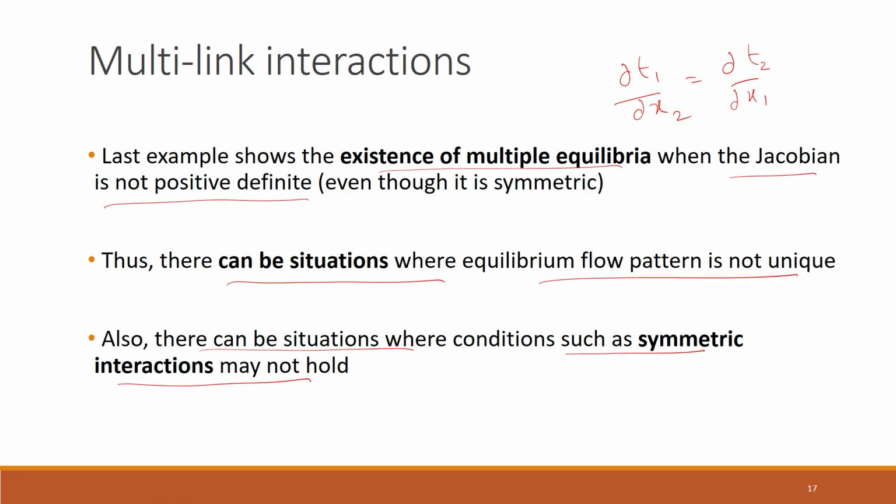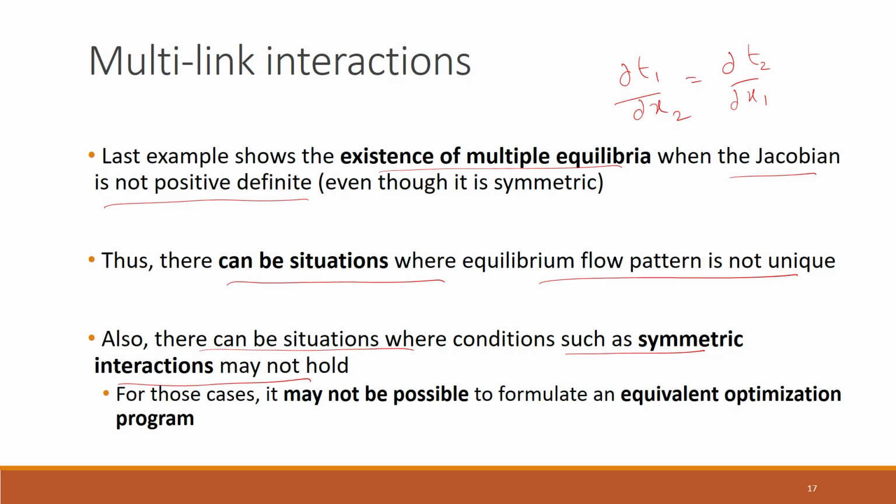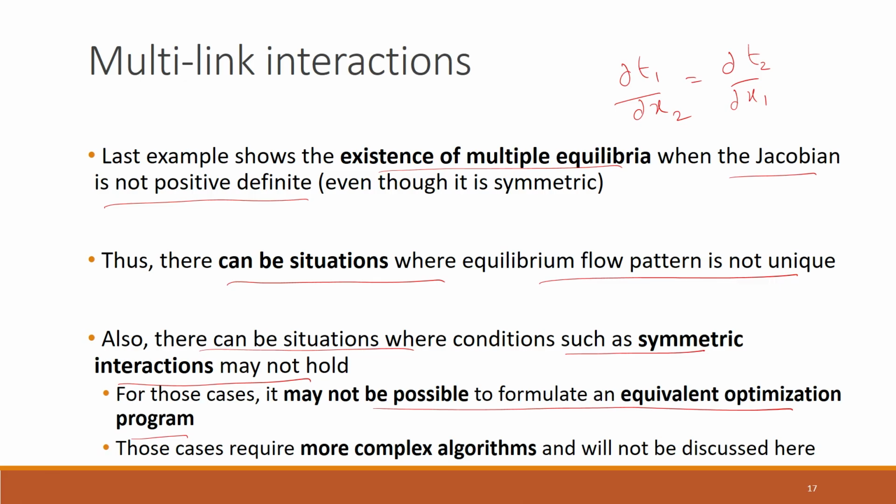Those cases are much more complex to solve. For those cases it may not be possible to formulate an equivalent optimization program. So, we will not be discussing that, as it is slightly out of scope here, because those cases require much more complex algorithms.